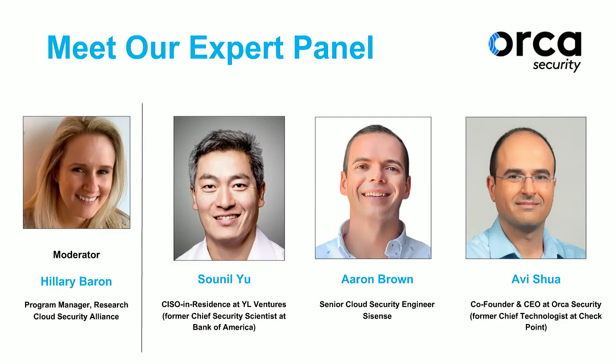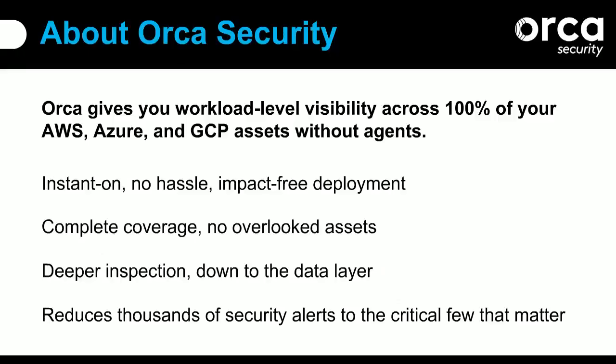So let's move forward and I'll explain a bit about that and what we've been up to and why we created it. In Orca, we've created a unique capability. It's based on a technology called side scanning that provides 100% full workload level visibility for your cloud environment, and I mean AWS, Azure, and GCP, without agents, literally without sending a single packet, without running a single opcode.